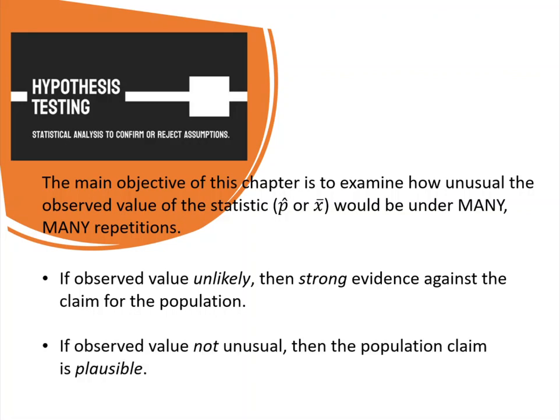Or if our observed value, that p-hat or x-bar, our sample value, is not really unusual, then we have evidence that our assumption or population claim is therefore plausible. And those are the 2 concepts, whether it is likely or unlikely to happen. And our conclusions would be whether or not we have evidence against our assumption for the population or whether or not our population's claim is plausible.